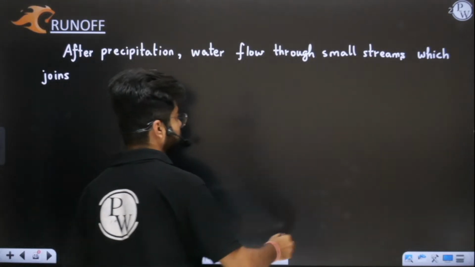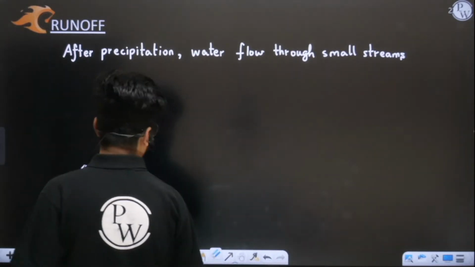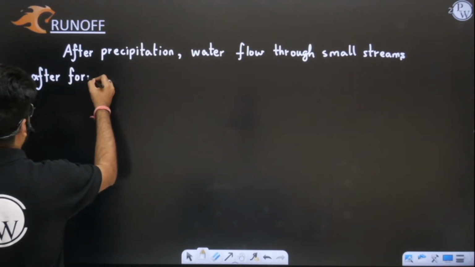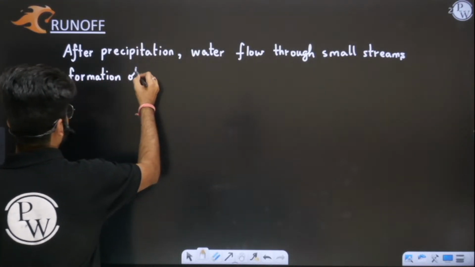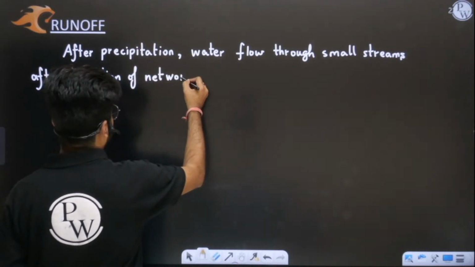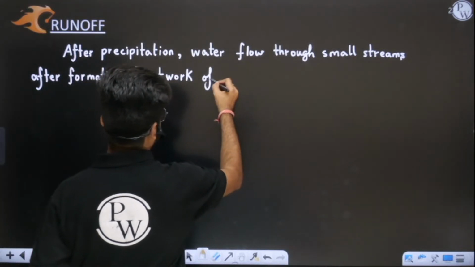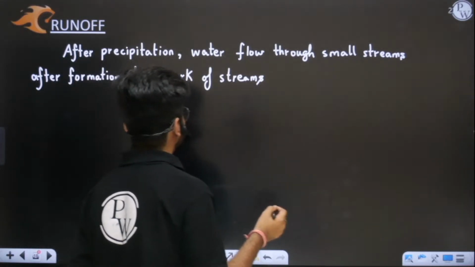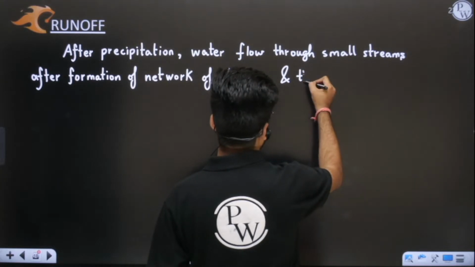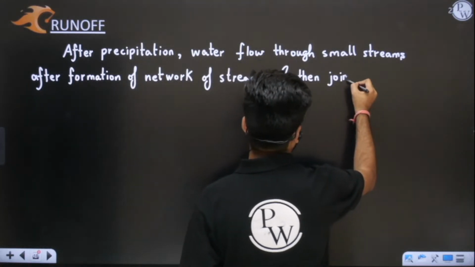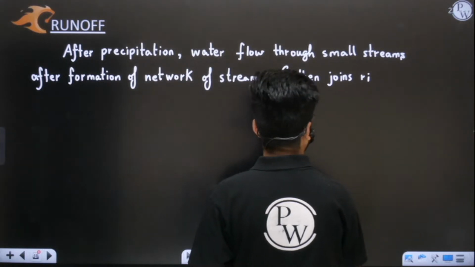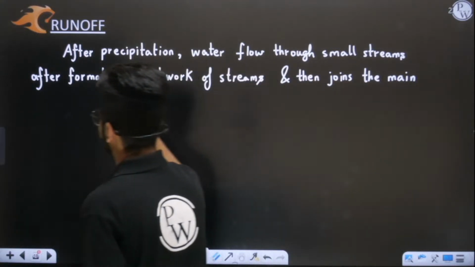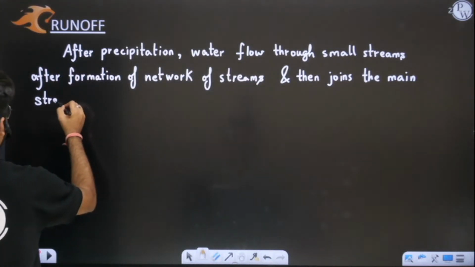After the formation of the network of streams, it then joins the main stream.